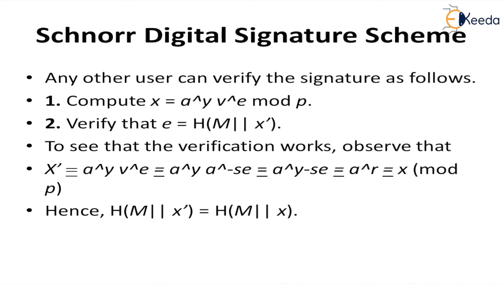To see that the verification works, observe that x' = a^y v^e = a^y a^-se, that is a^(y - se), which is equivalent to a^r, that is x mod p. Hence H(m, x') = H(m, x).